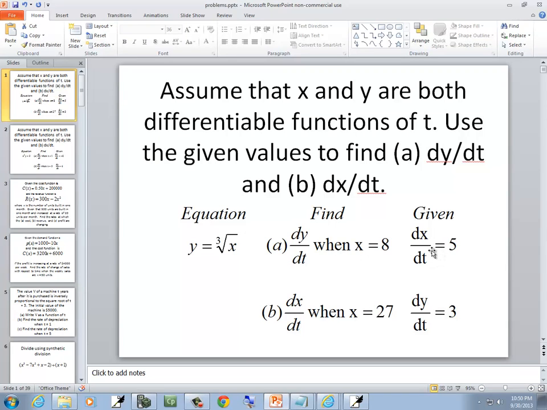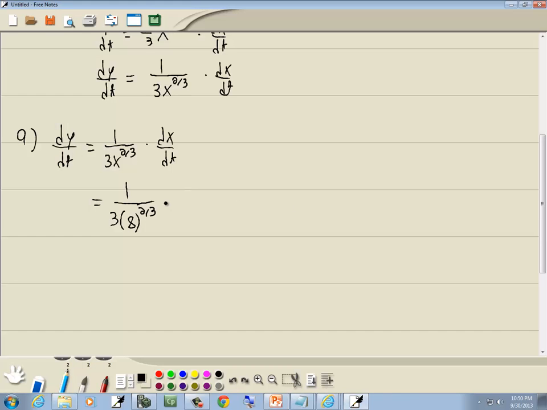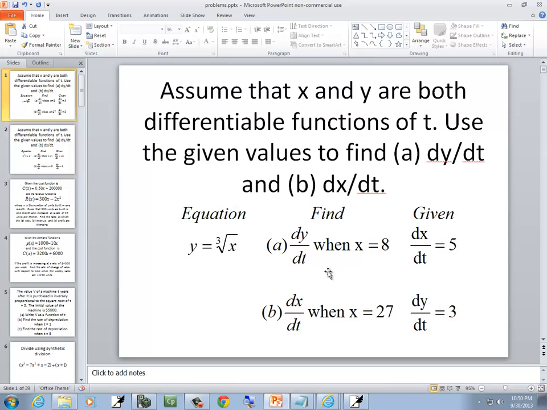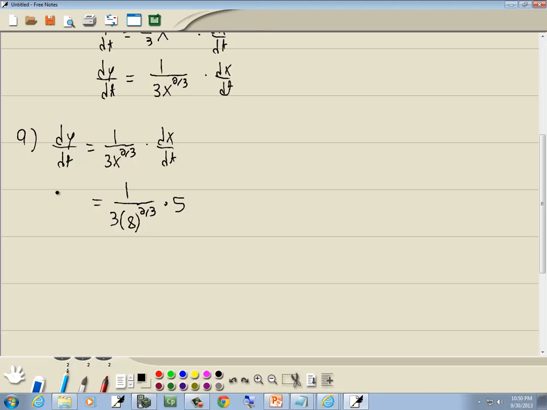And they tell us also dx/dt is 5, so we'll put 5 in for dx/dt. Now, 8 to the 2/3, that's 4. Times 5. 3 times 4 is 12, and I'll put the 5 up on top, so that gives us 5/12. And that's our first answer.